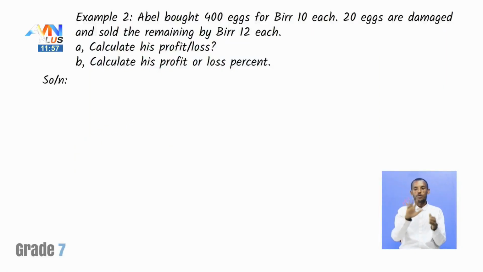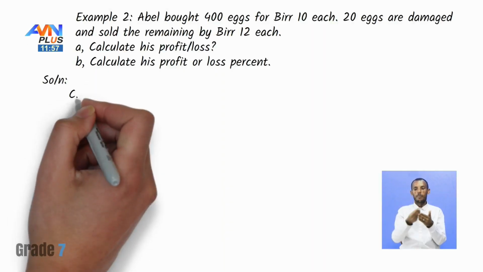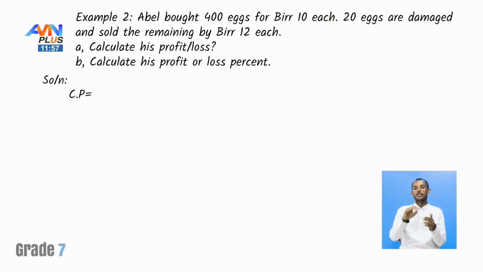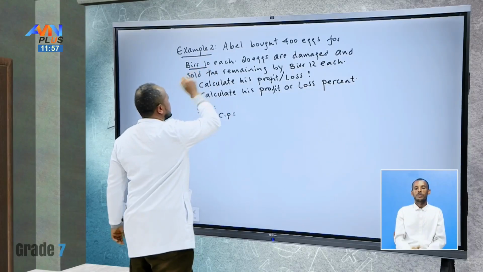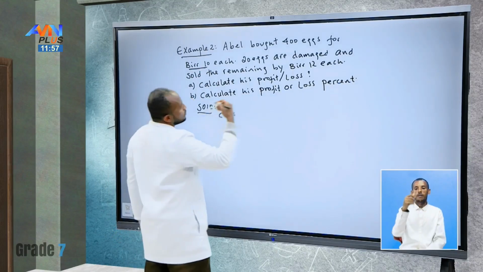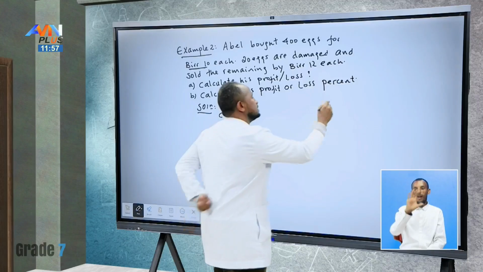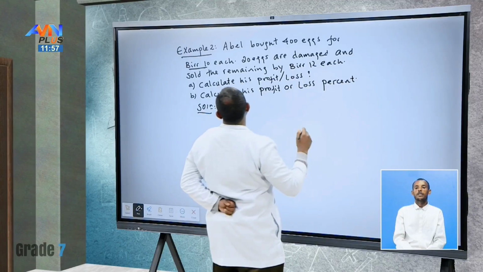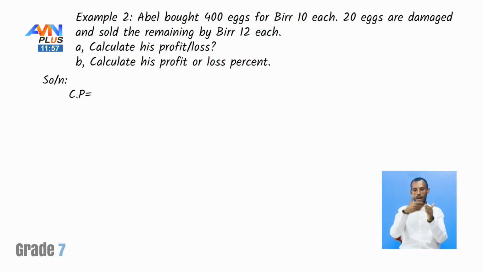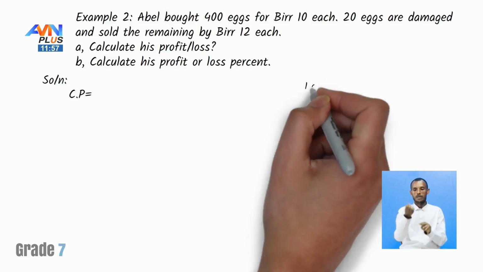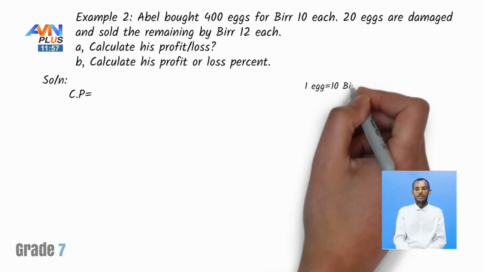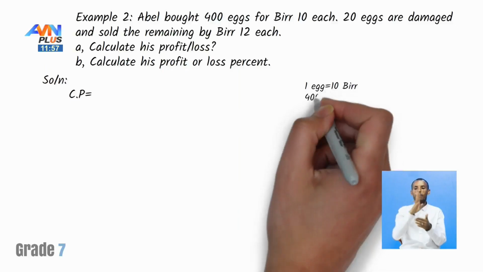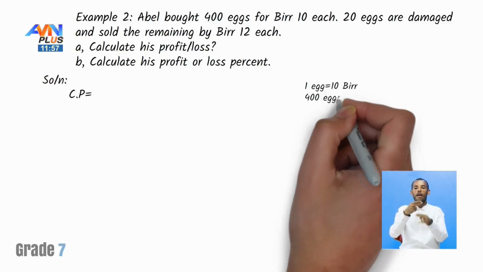Since one egg costs 10 birr, what will be the cost of 400 eggs?